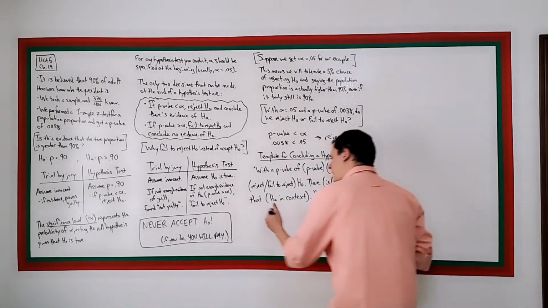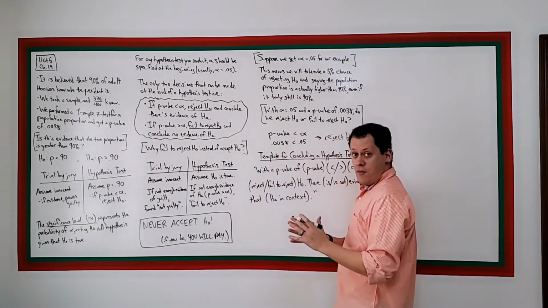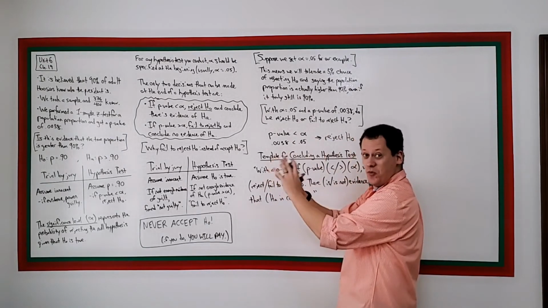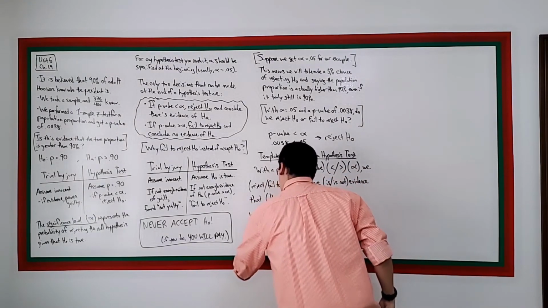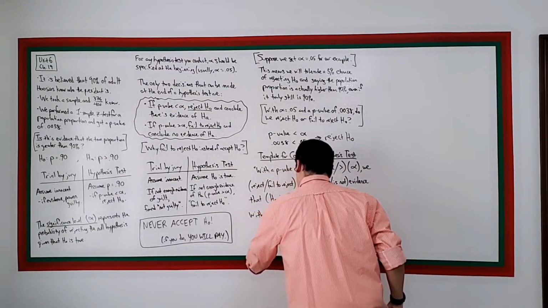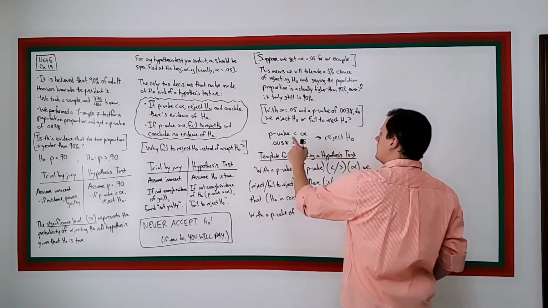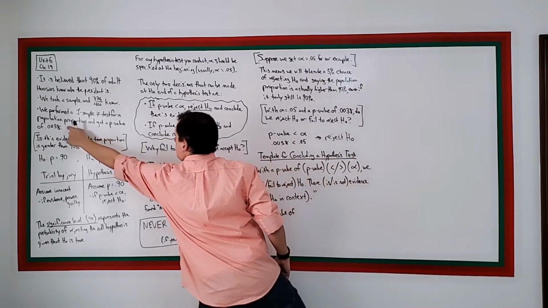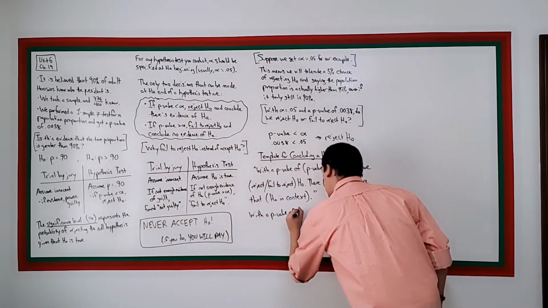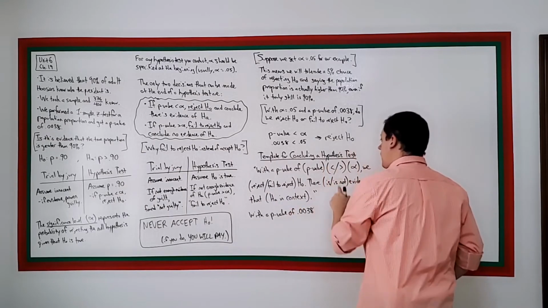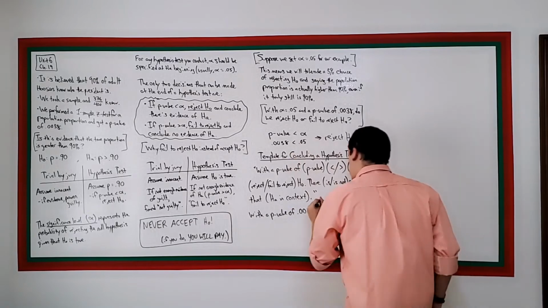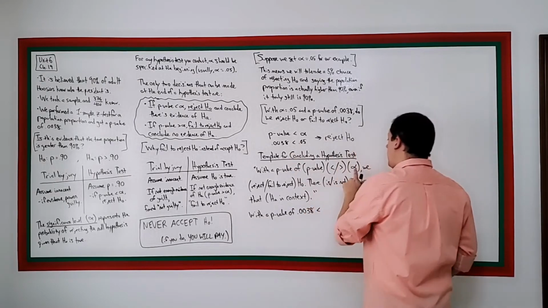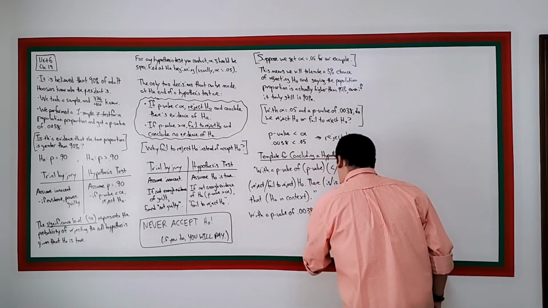So we could say, to conclude the hypothesis test for our example that we've been working on for like 3 videos now, with a p-value of 0.0038, and we've concluded that that is less than alpha, and alpha here was 0.05.